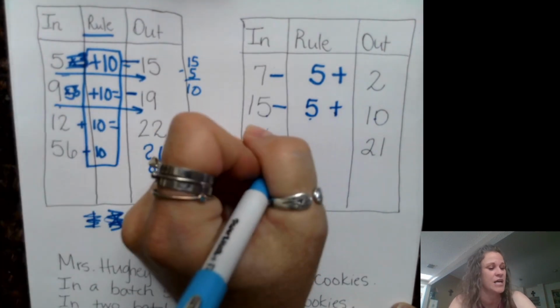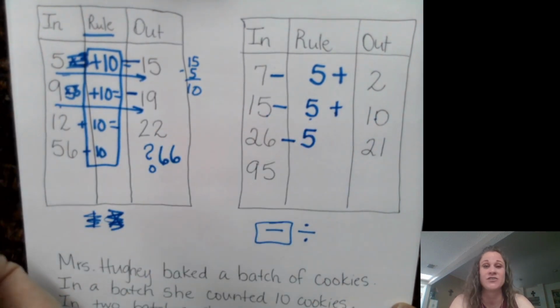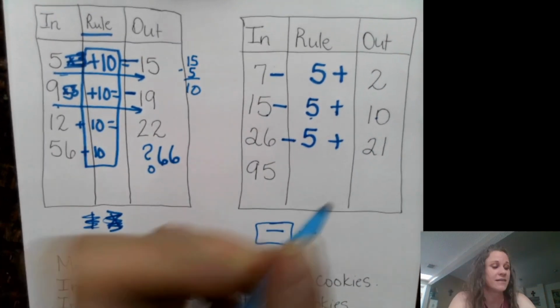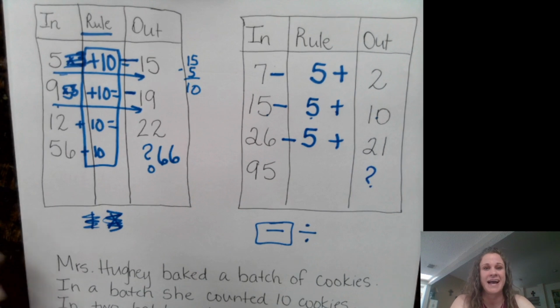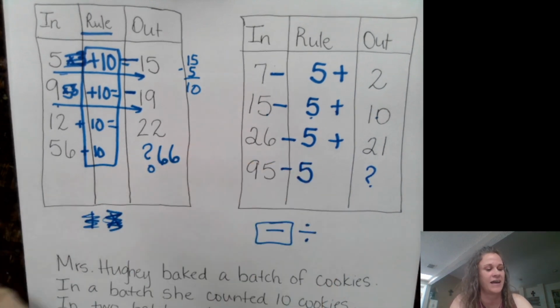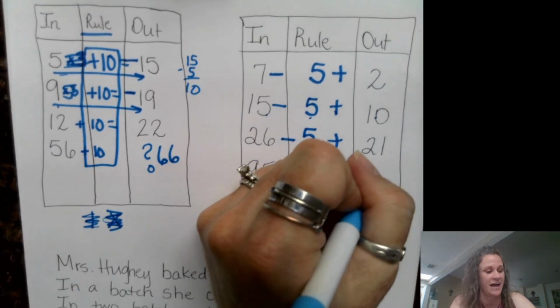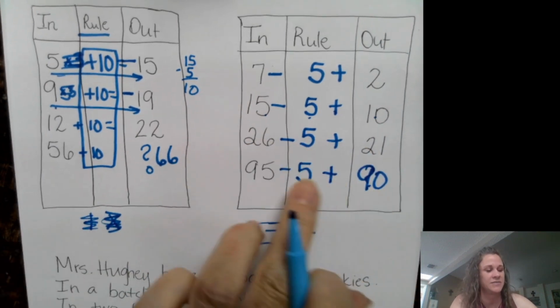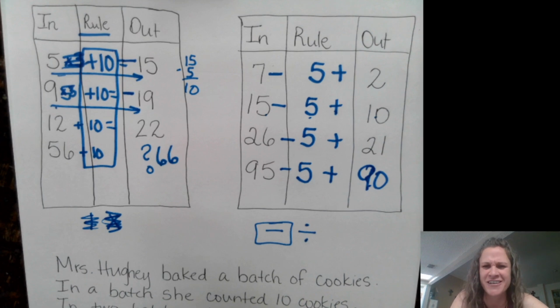Yeah, that works. 26 minus 5 is 21, or I could say 21 plus 5 is 26. Most definitely. Now let's do the last one. 95 minus 5 would give me 90. Let me check myself: 90 plus 5 is 95. Yeah, for sure, that works.